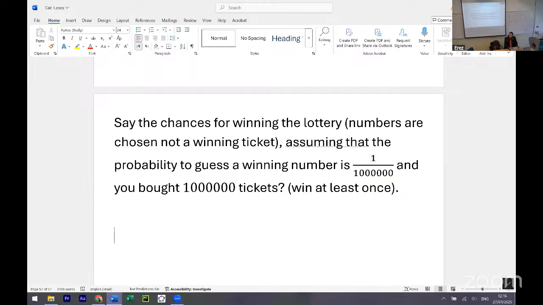Will it be 100%? No, that's not true. That's the mistake, right? You think it ought to be 100%, but obviously it's not. There is a chance that you never chose the right number. So is it like 99%?